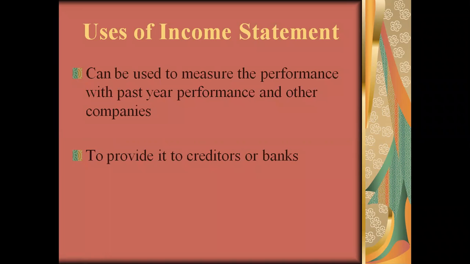I told you earlier, the new name for creditor is trade payable, and that means that you owe money to those people or that business, and at some future date you have to pay it back because you have bought goods on credit from them. They check the income statement to see the profit levels of the business and to see whether you will be able to pay it back in the future or not. Otherwise you will find it difficult to get goods on credit and to borrow money from the bank as well.